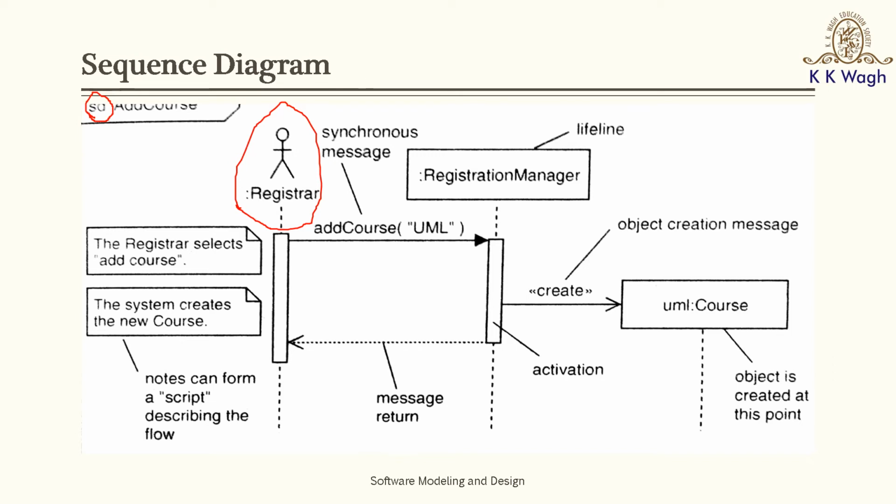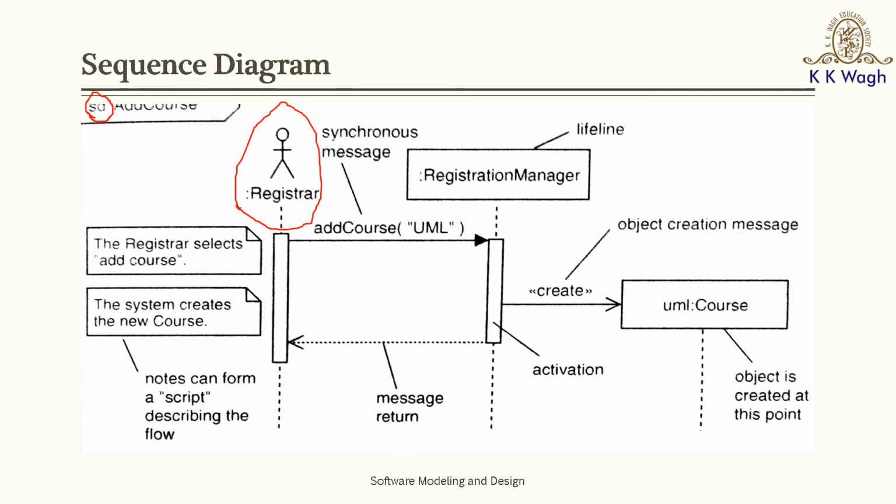Within the execution of the add course operation, the registration manager creates a new object, that is the UML course object. See here, the labeled course object gets created, taking a reference from this add course message.